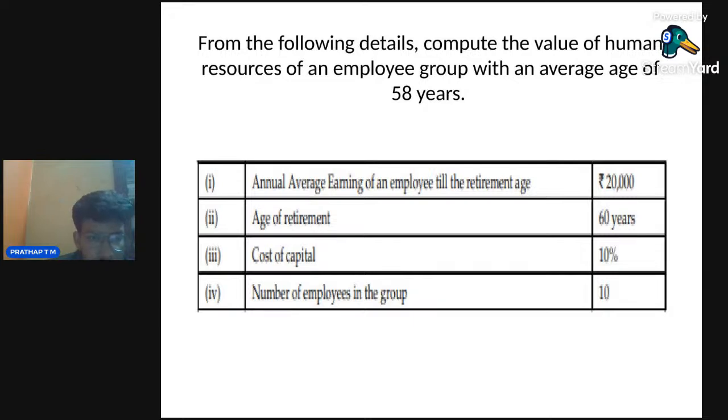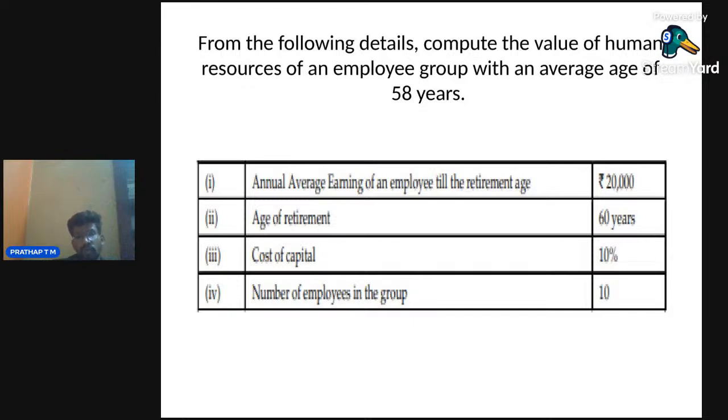This is the 20th year, so what I have to do is deduct: 4.494 minus 0.859, and 0.859 into the value. So your value becomes 2,84,830. So consider it as 2,84,830.